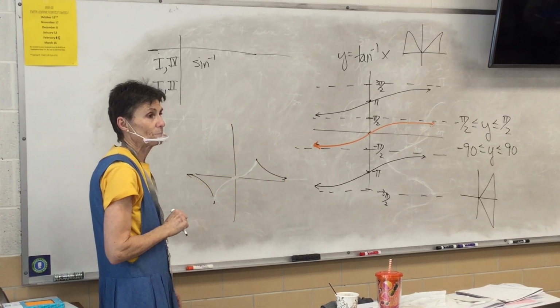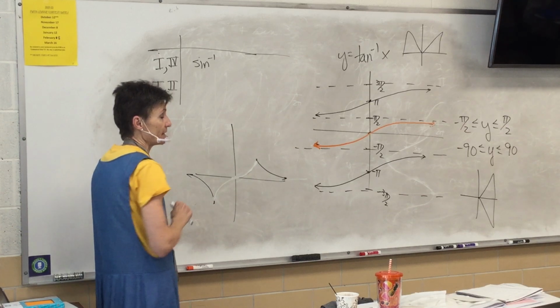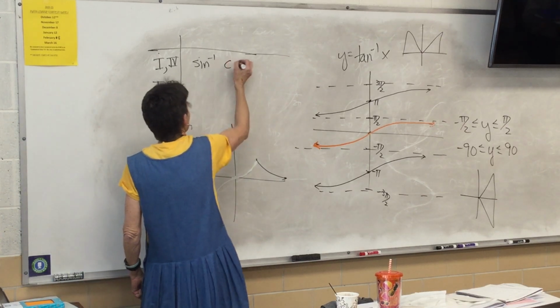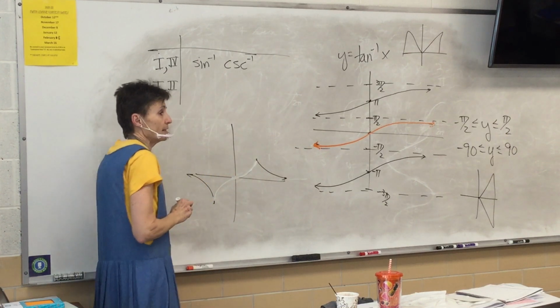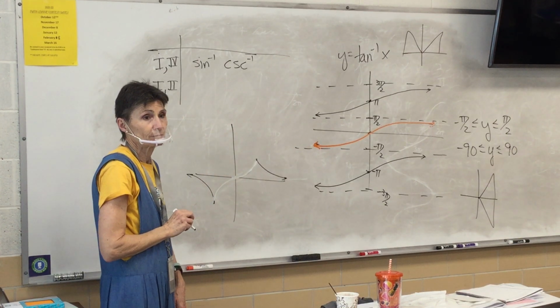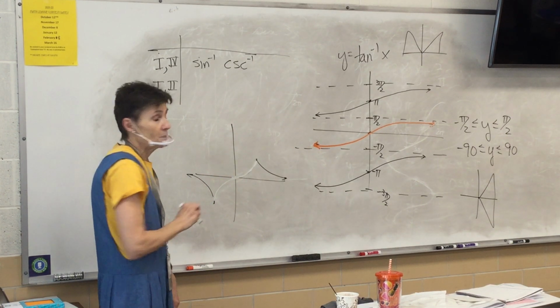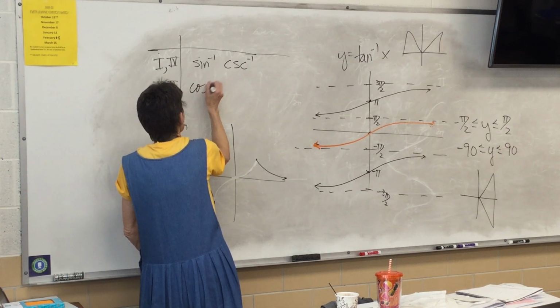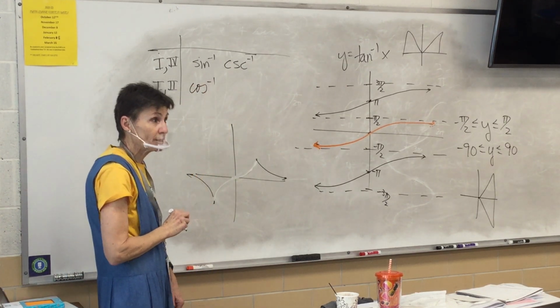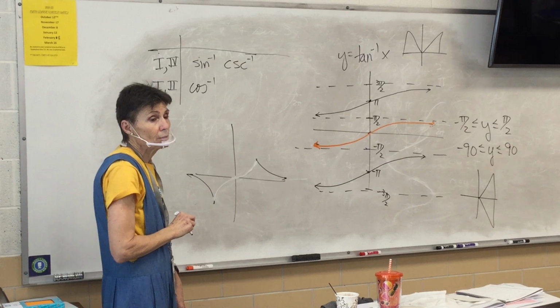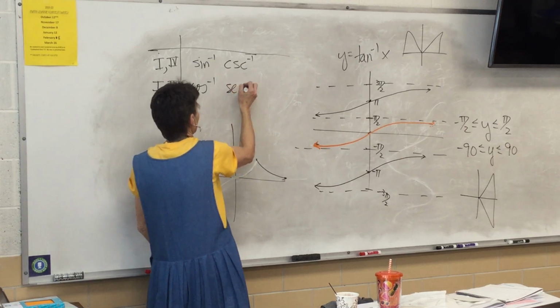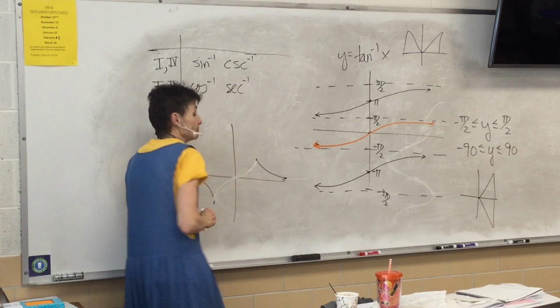Is that a function? That would be the inverse secant, or inverse cosecant. So it also happens in quadrants 1 and 4. If the cosine happens in quadrants 1 and 2, then does it make sense that so will the secant?